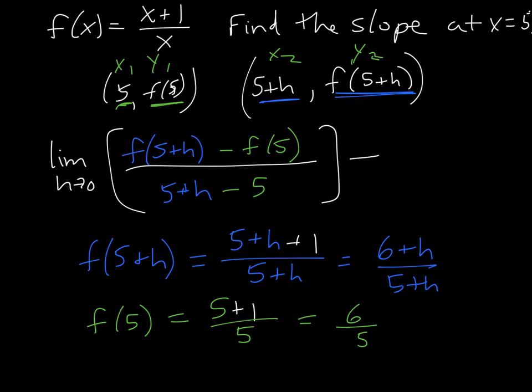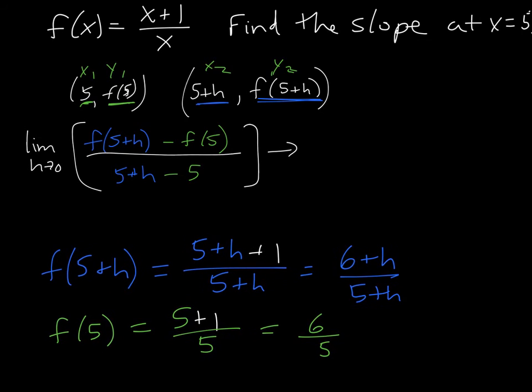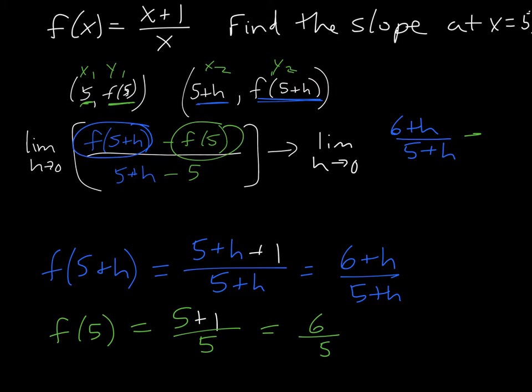So this is going to become the limit as h is approaching 0 of 6 plus h over 5 plus h, that's this part, minus f of 5 is my 6/5 down here, all over, and in my denominator, notice I've got 5 plus h minus 5, and hopefully you're seeing that the 5s are going to cancel, and that's going to give me just an h in the denominator.